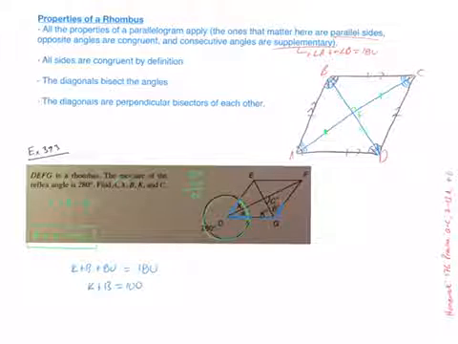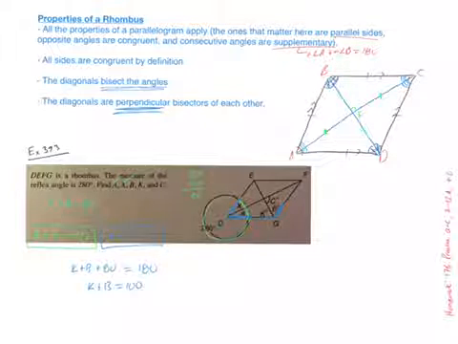And then, of course, K and B are the same because the diagonals bisect the angles. So then K and B would both be 50. So K is equal to B, which is equal to 50. Okay, and then to find the measure of angle C, actually, C is probably the easiest one to find because of that word right there: the diagonals are perpendicular bisectors of each other.